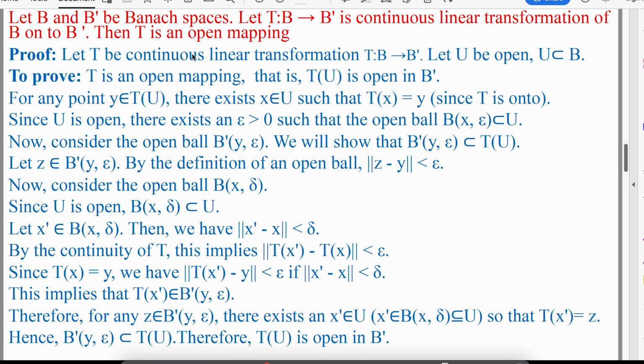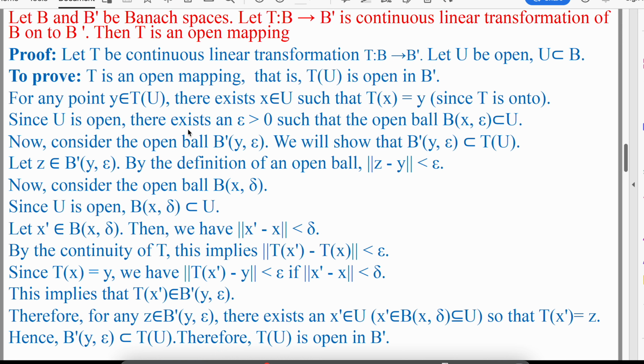It is given to us that T is a continuous linear transformation from a Banach space B onto Banach space B dash. Suppose U is an open set in B. Now we have to show that T is an open mapping. To prove this, it is sufficient to show that the image of this open set U in B is open in B dash.